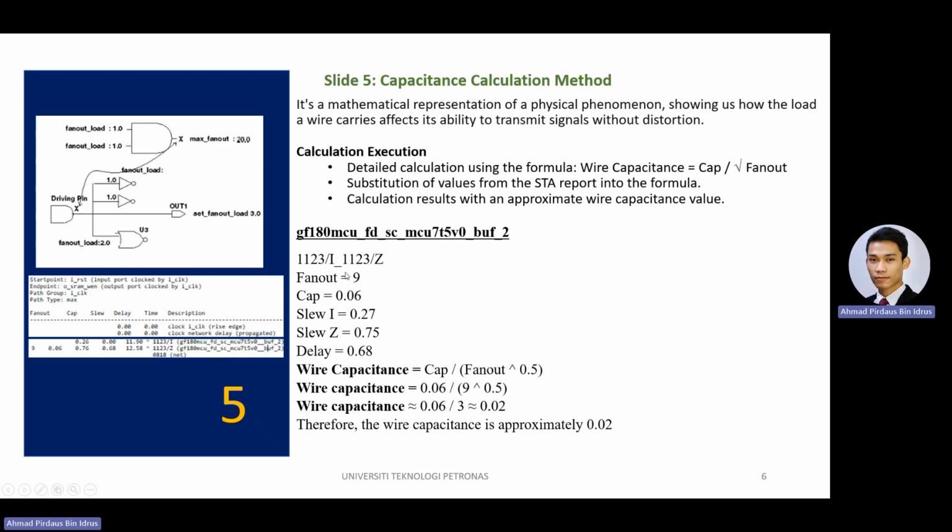You can see that the fan out is 9, the capacitance is 0.06, the slew I is 0.27, the slew Z is 0.75, and the delay is 0.68. With the formula, we got the wire capacitance approximately equal to 0.02. Therefore, that is the wire capacitance. Now, that's the calculation result.